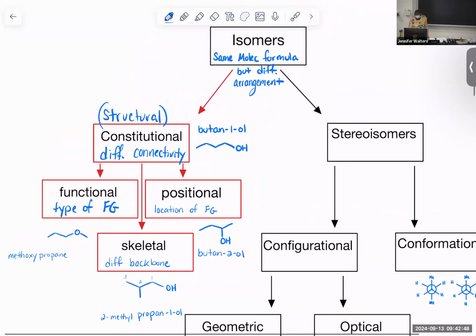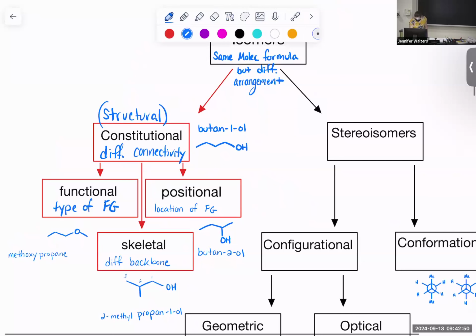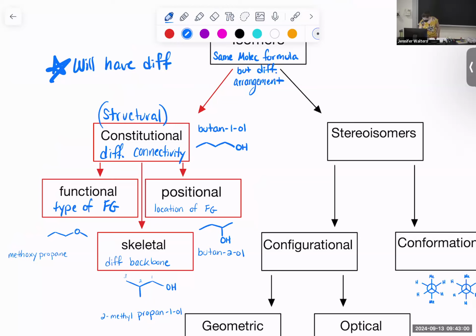So the thing to recognize with these is that they're going to have different IUPAC names. So if you are naming it differently, then you are a constitutional isomer, because that means your connectivity is different. So you get a different IUPAC name.